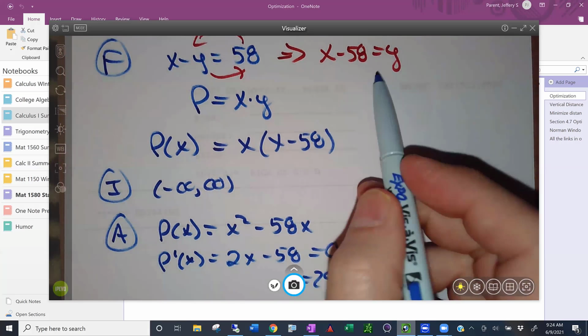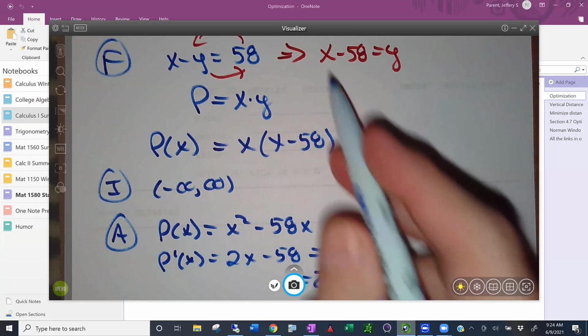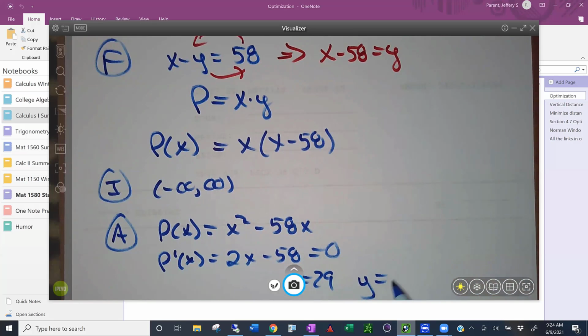Any ideas at all? Can you plug it in for X in the original equation? Yeah, plug in for X in the original equation. So it's going to be 29 minus 58, which is negative 29.